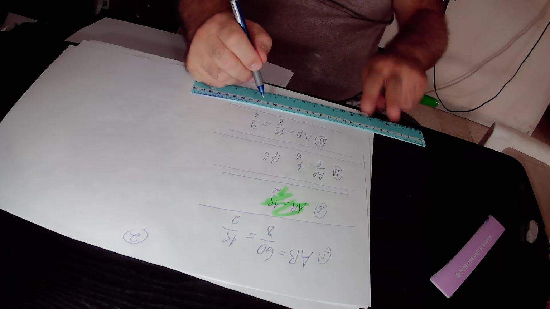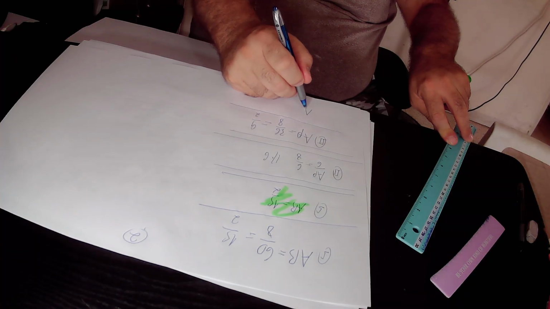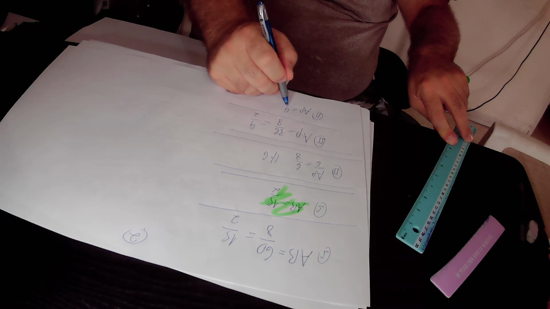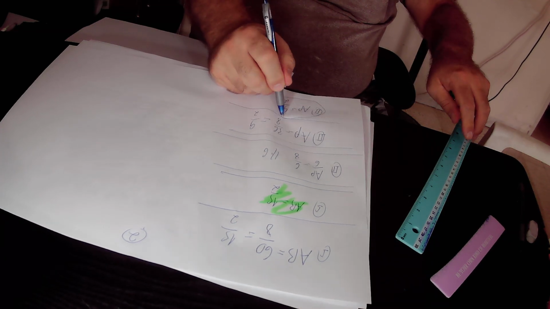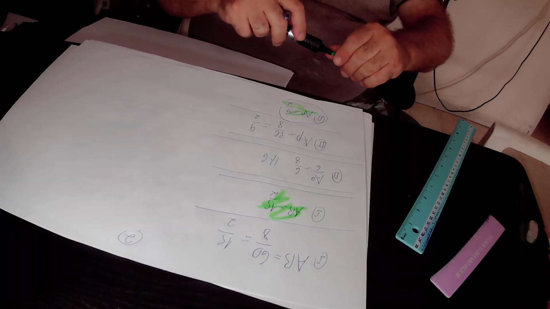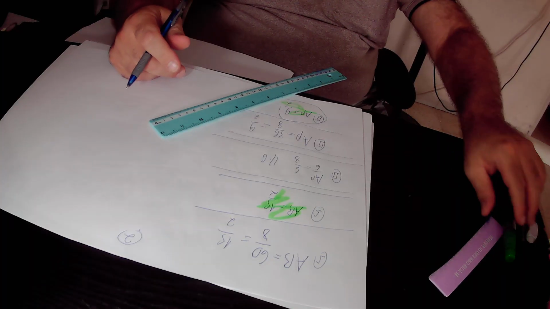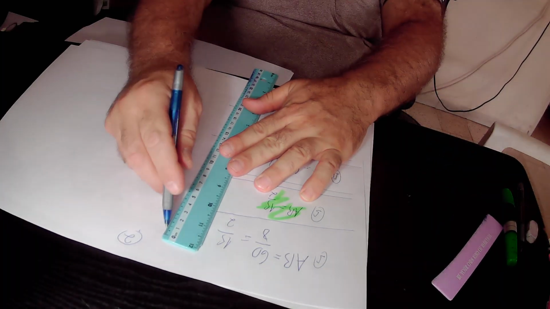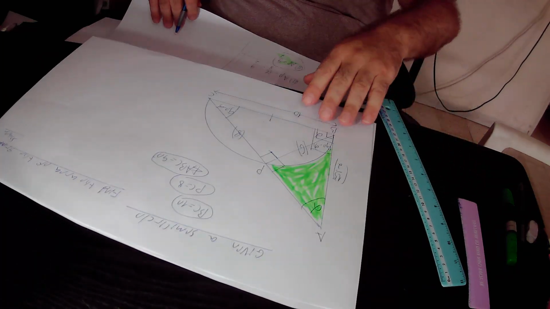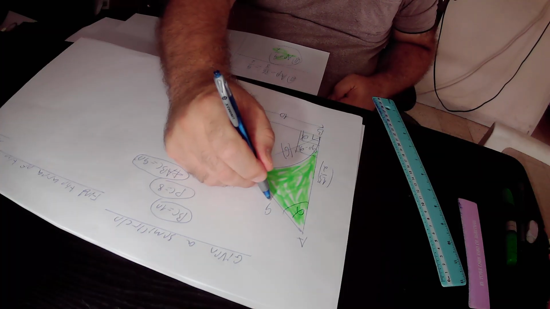So in total AP equals 9 halves units in its length. According to equation 2, AP equals 9 halves. So this inside AP is equal to 9 halves.